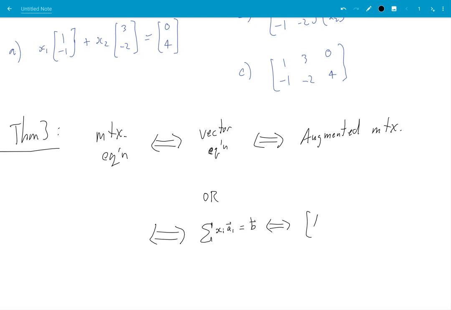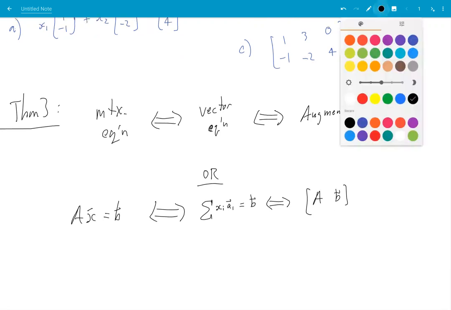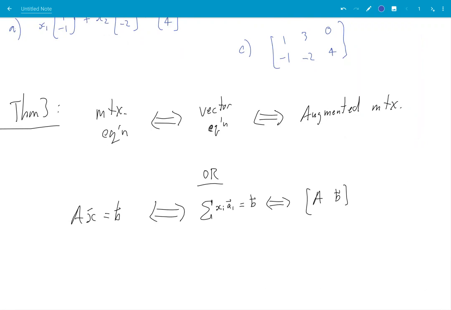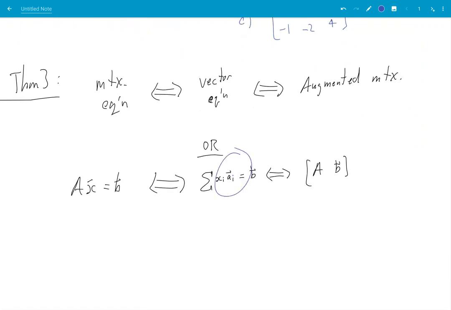The augmented matrix is A augmented with b, and then the matrix equation is Ax is equal to b. Oops, this should be A, not A1, it should be Ai. Right there, I changed it.